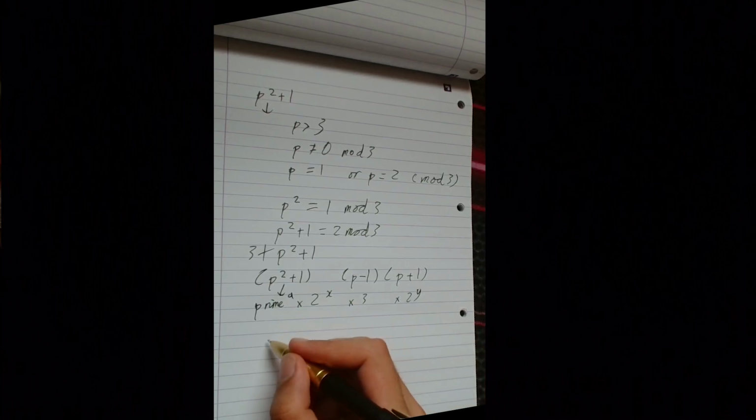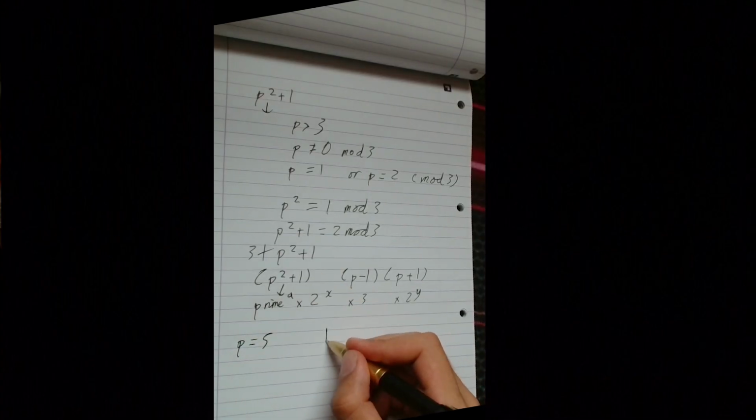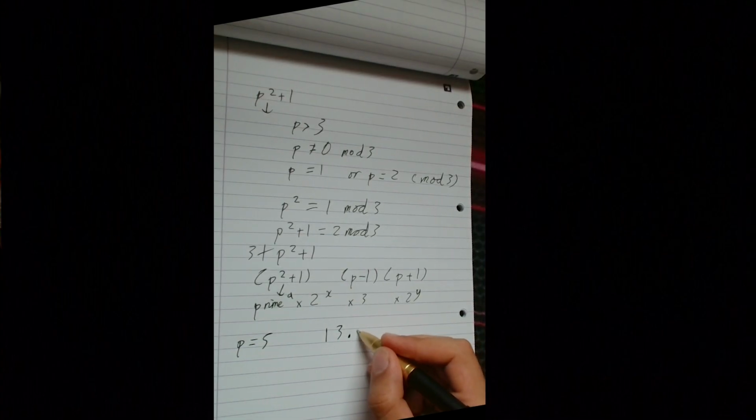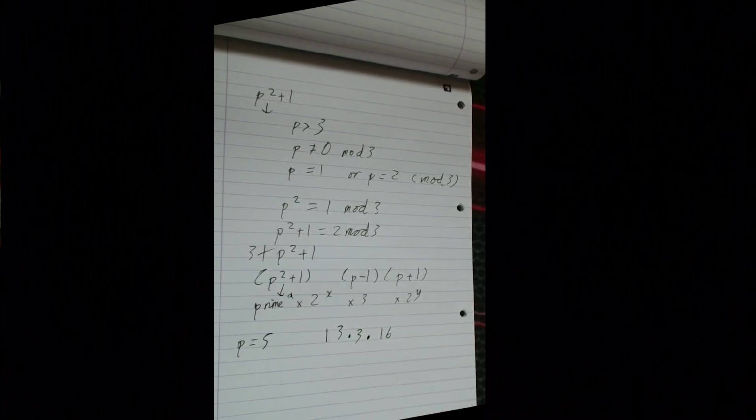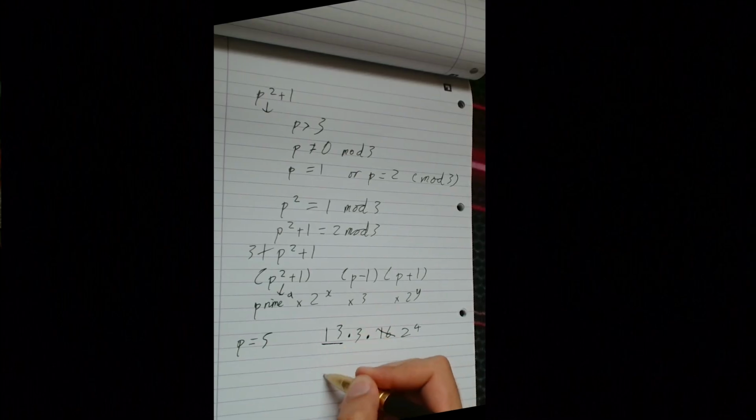If we look back at the case we analyzed where p equals 5, we ended up with p to the 4 minus 1 being equal to 13 multiplied by 3 multiplied by 16, or, well, 2 to the 4. As you notice, this was a prime.